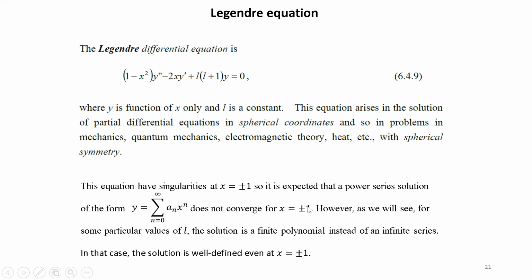In that case, you realize that if the L, which is just a parameter that you can imagine changing, takes some special value, then this infinite series solution will be truncated to a finite polynomial solution.